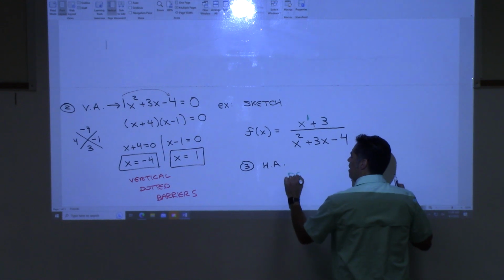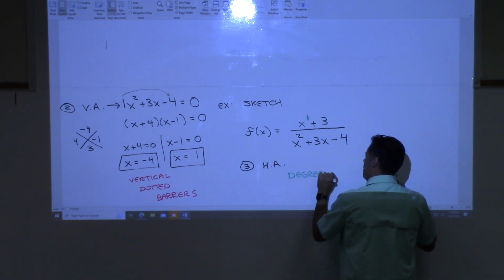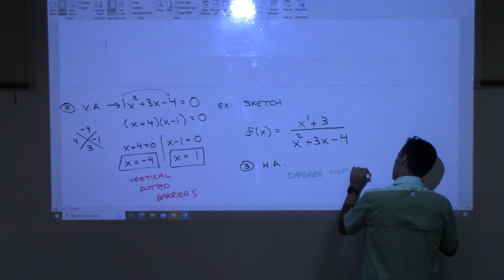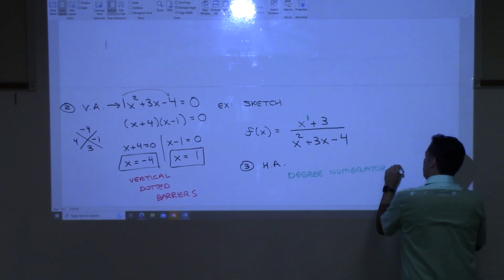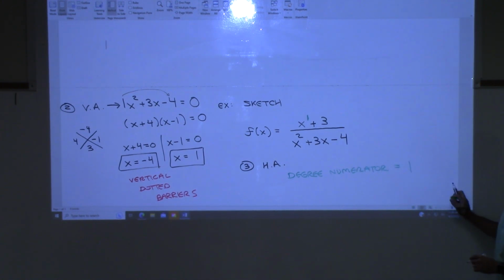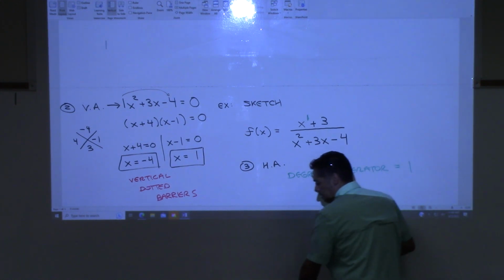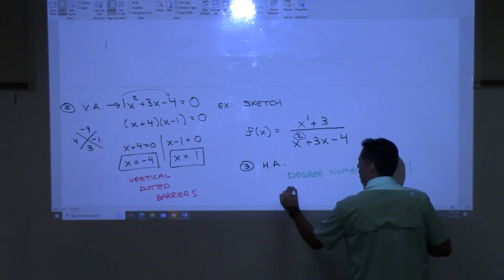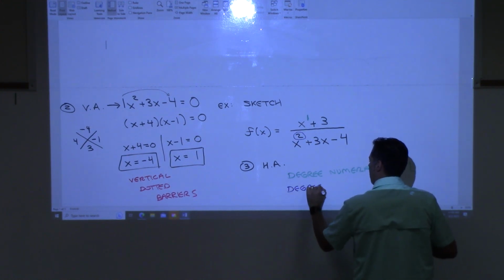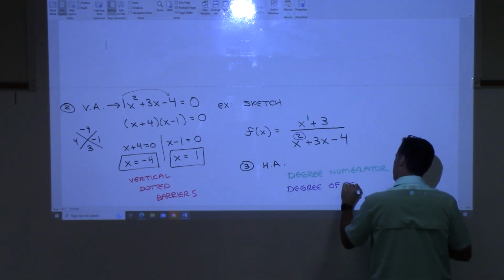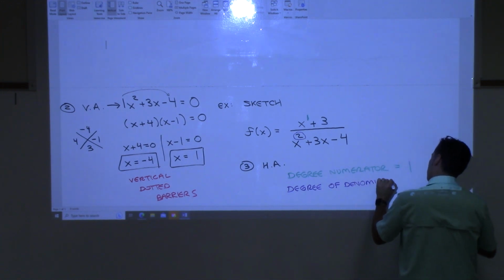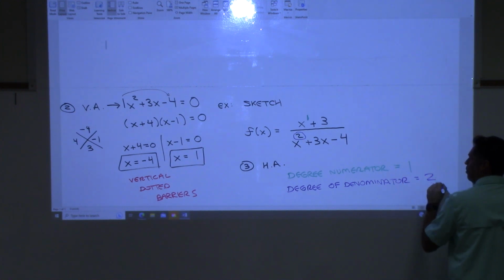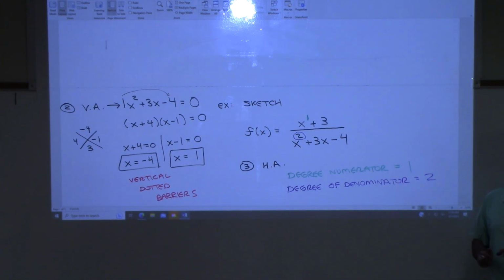The degree of the numerator is equal to 1. What is the degree of the denominator? 2. The degree of the denominator is 2. And what you do now is you compare these two numbers and you say which one is bigger than the other, which one's smaller.